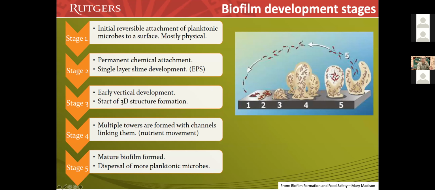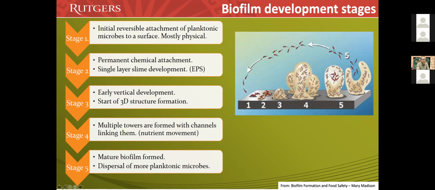This means that they've just landed on a surface, they're just getting their bearings, and they haven't set down adhesion type proteins to link into the physical structure of the surface that they've landed on, which happens in stage 2. Once they have linked into the topography of the surface that they're on, now you have to clean these off. You can't just use a sanitizer.